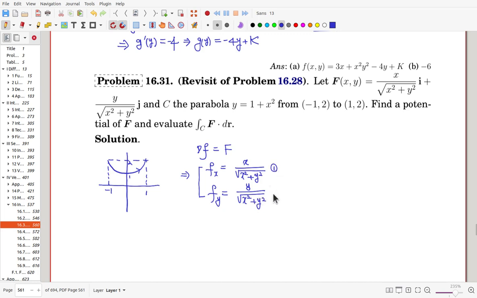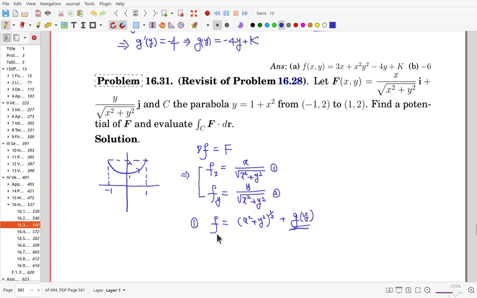Again, we number the equations, and from the first one, we try to integrate with respect to x. Then f is x squared plus y squared to the half power. Then easily you can see that the derivative will be exactly that one, and the constant must be a function of y. Then we have to decide this one.